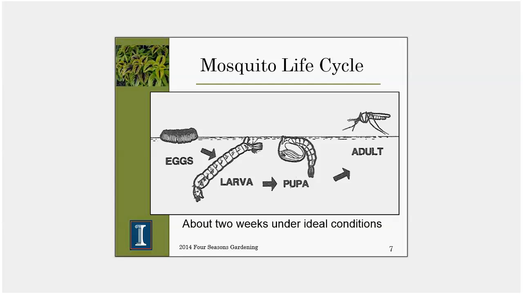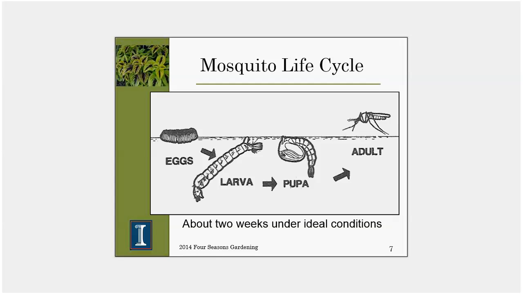The pupae don't feed, they're transitioning from a larva to the adult, but they are still quite active and somewhat roundish looking with kind of a long tail. When they're disturbed, they will dive to the bottom as well, but they have a tendency to spin head over heels as they do so because of their shape. And so pupae are called tumblers in common vernacular.